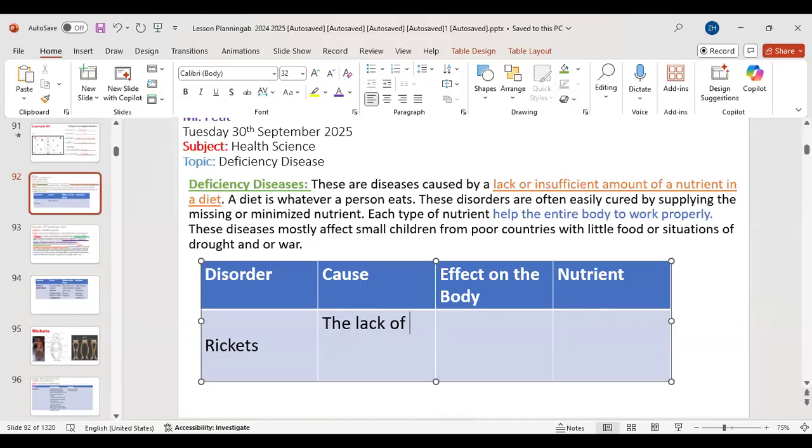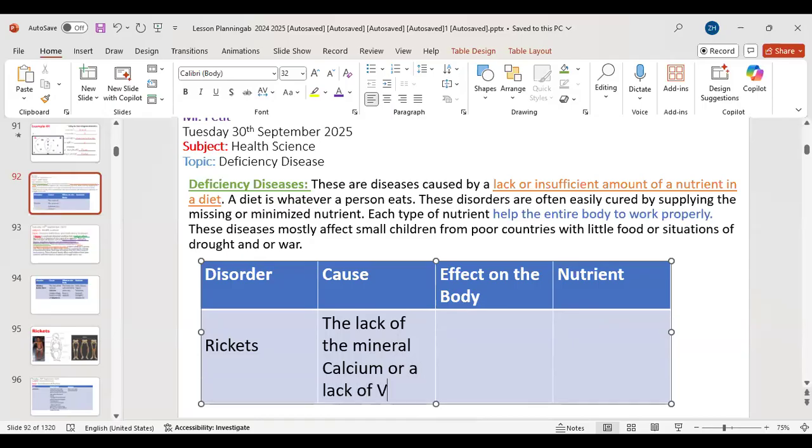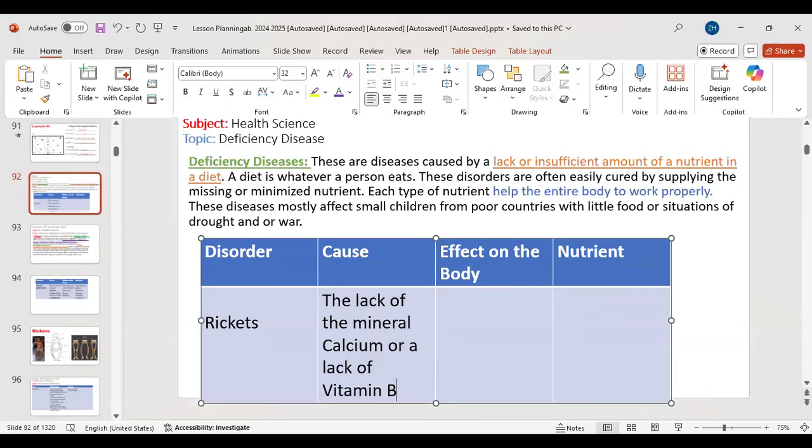So the disorder is rickets. The cause is what? The lack of the mineral what? Calcium, right? Or a lack of vitamin D. Both things are important. So what is rickets caused by?